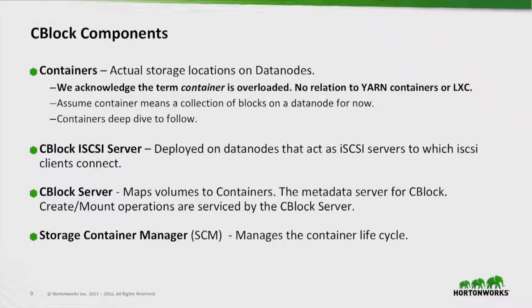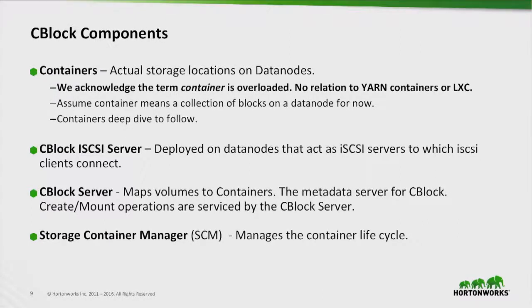Yeah, so this page basically has already been covered when I went through the architecture diagram. The one thing to note is the CBlock server. It maps the volume just like we showed earlier. When we create a volume, it maps the volume to a set of containers depending on the size.